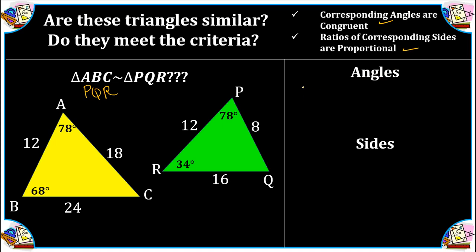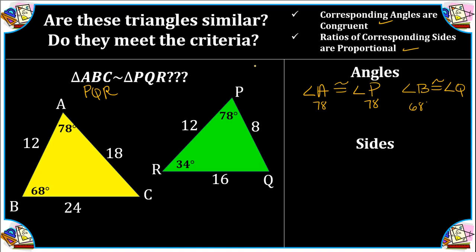So let's see, we have angle A and angle P. So angle A is 78 and angle P is 78. So far so good. Then we have angle B, it needs to be congruent to angle Q, and B is 68, and Q, we don't know.